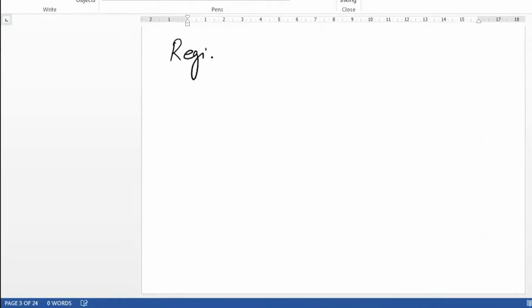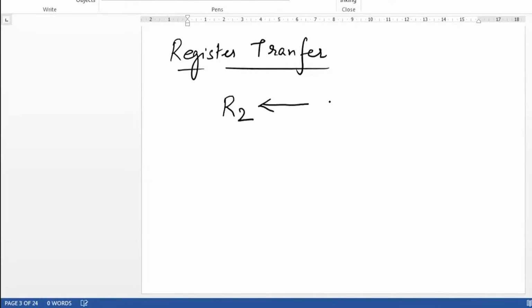Now let us see register transfer. What is register transfer? How do I transfer data from one register to another? Whenever I wish to transfer data from one register to another, we symbolically denote it using a replacement operator. This operator, when I write like this, R2 ← R1, is known as the replacement operator.